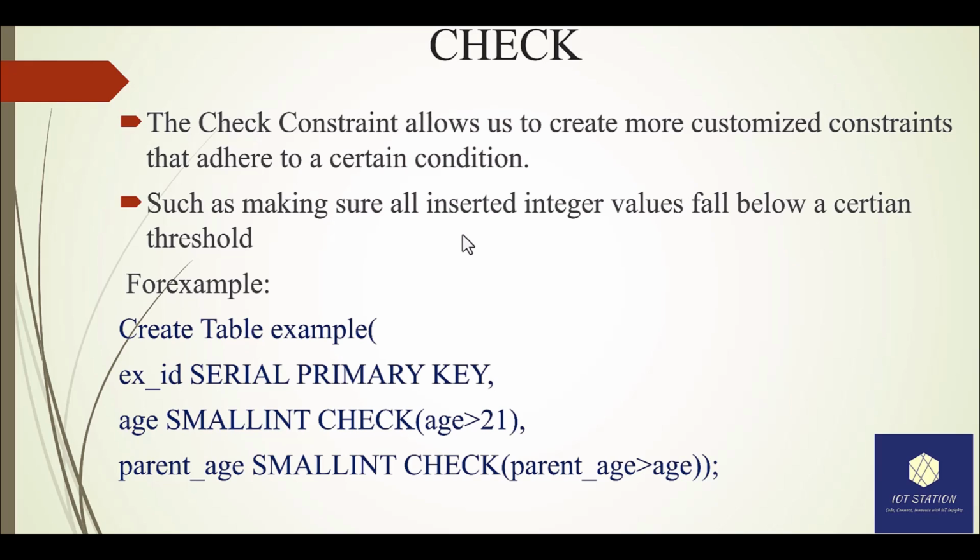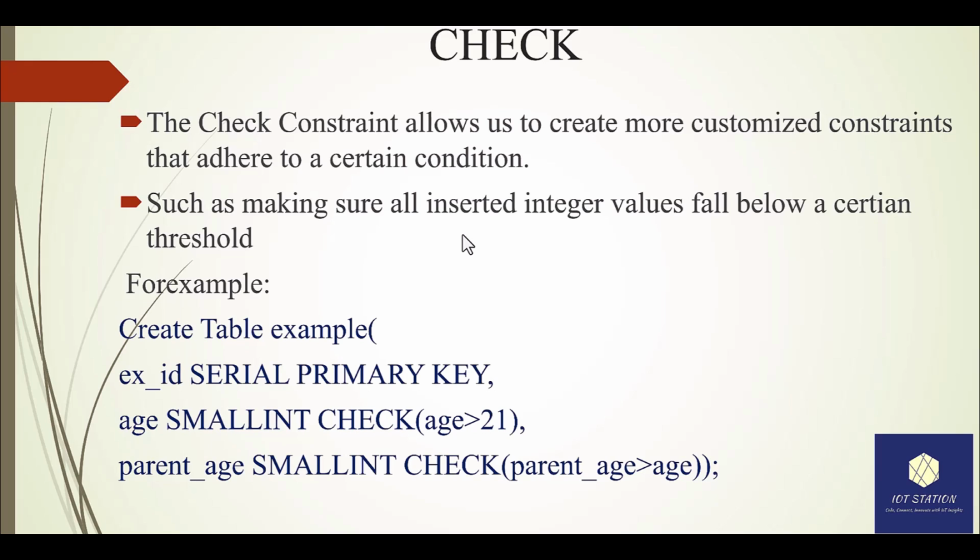So, for example, I want to create a table named example. I'm writing the create table example statement, and then I'm defining the ex_id as a serial primary key, and then I would like to insert the age value greater than 21.